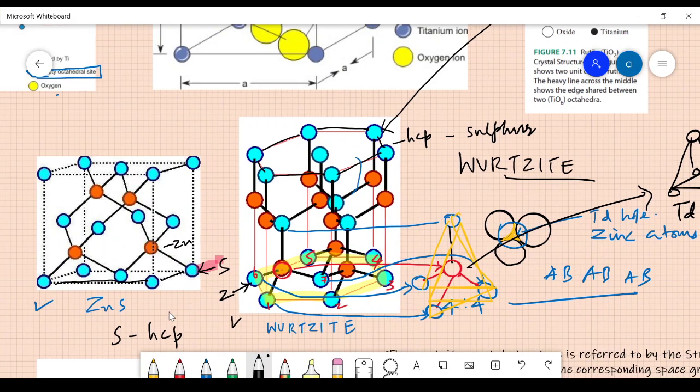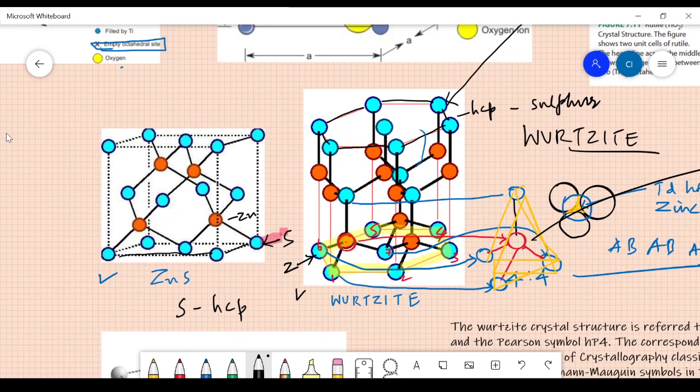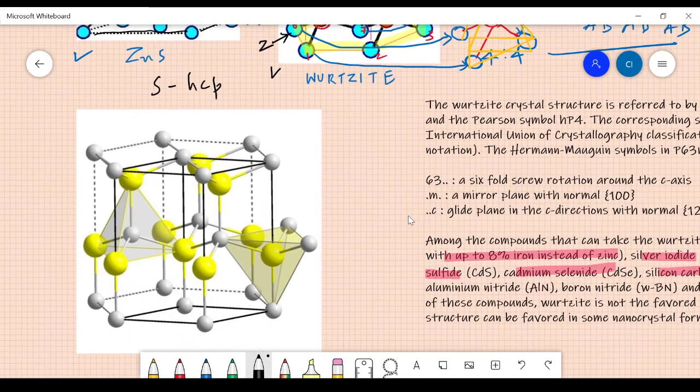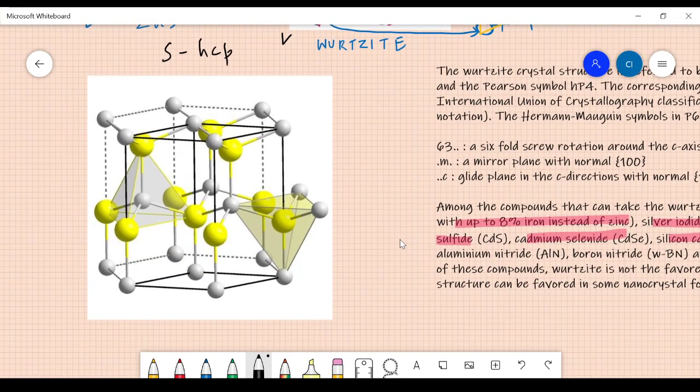So two such structures can give rise to this hexagonal close packing. And here it is. This is a very beautifully drawn structure of the HCP structure. Now you can see the tetrahedron there.